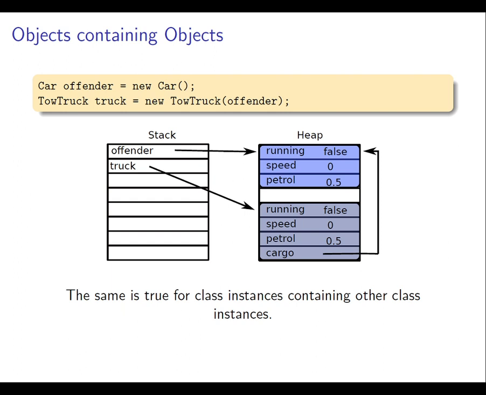The new and interesting point here is that when you create an object of class TowTruck, you pass it an argument of type Car in this case, and judging from the picture, that's going to be stored in the instance variable cargo of the TowTruck object, in the sense that the value of that piece of data inside the TowTruck object is going to be a reference to another object, in this case a reference to the car which is currently being towed by the tow truck. And so it goes on.